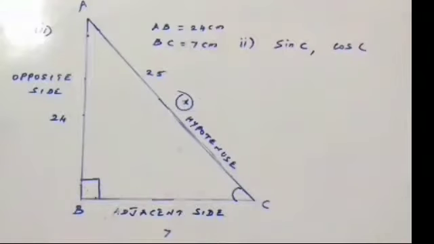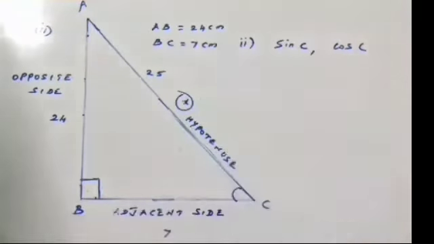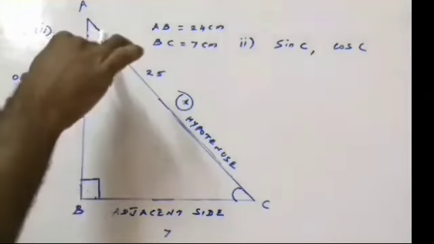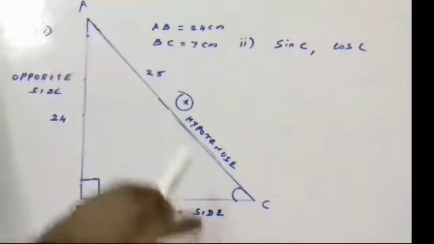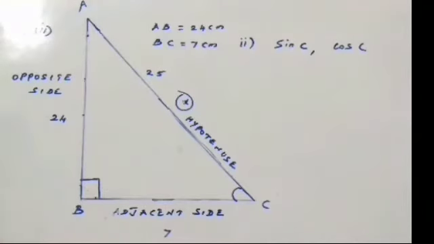They are asking to determine the values sin C and cos C. So instead of angle A, just put angle at C. Now B is right angle. So the distance between angle C and right angle B is called adjacent side.